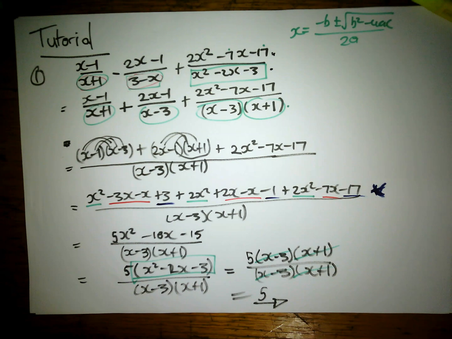And the top one I just added, which left me with 5x squared minus 8x minus 15 over x squared minus 2x minus 3, which I then simplified again, and came back to -4.